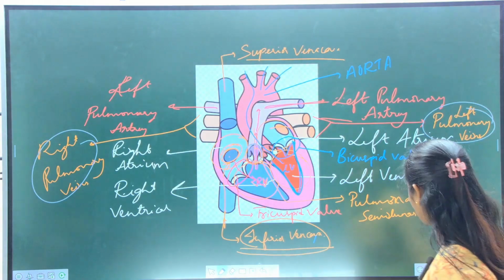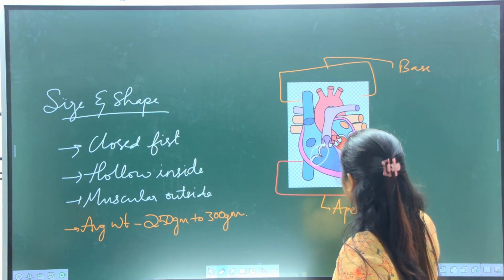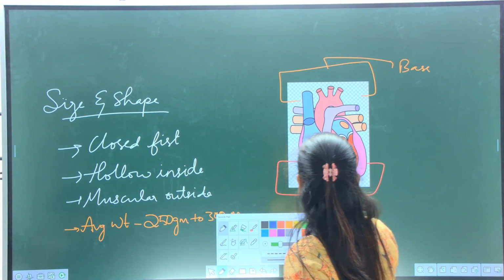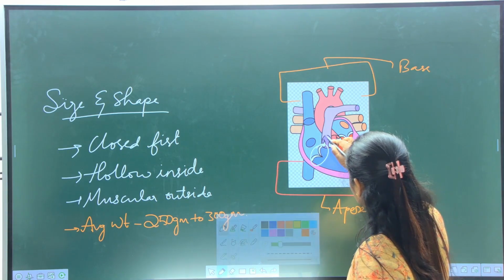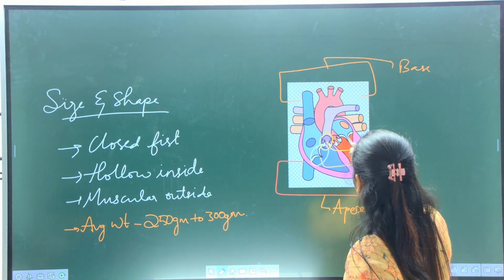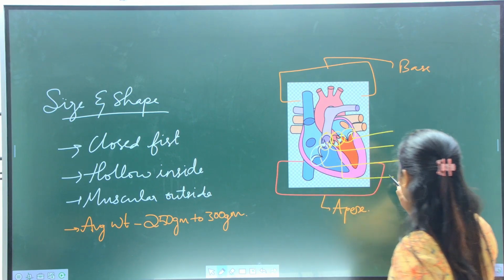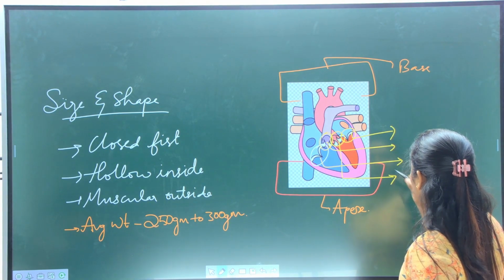So this is the tricuspid valve. This is the pulmonary valve, and this is the tricuspid valve, and here it is the aortic valve.